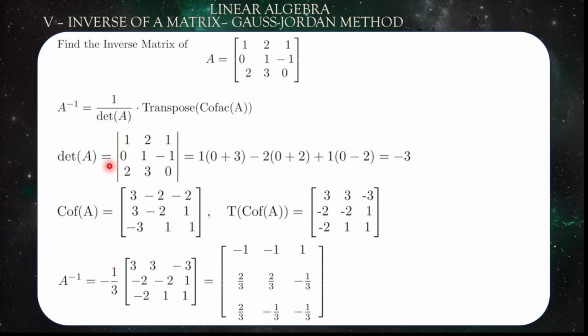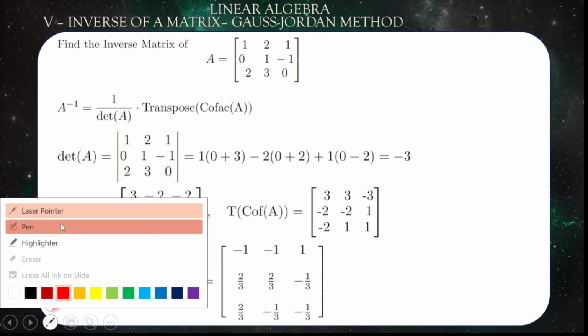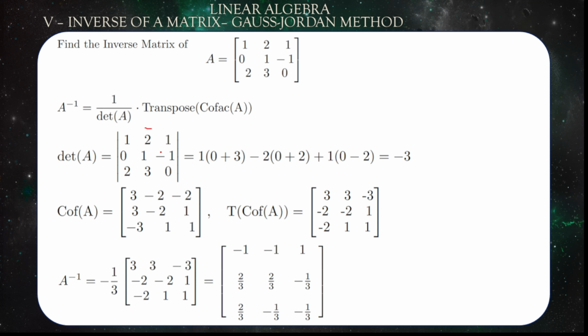Let's start with the determinant of matrix A. So it is 1, 2, 1, 0, 1, minus 1, 2, 3, 0, and we replace the square brackets with these two line brackets, equal to 1 multiplied by 0 plus 3. After that, you have minus 2 multiplied by 0 minus 2 times minus 1, which is plus 2.